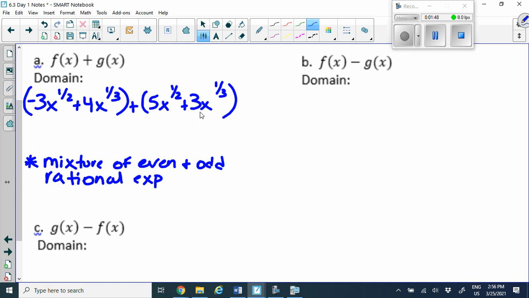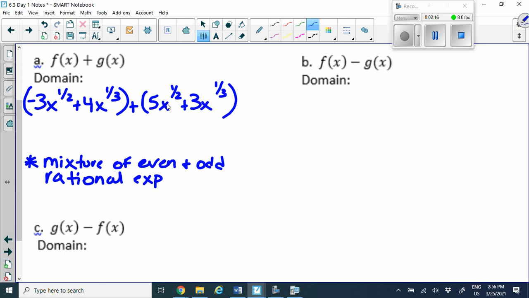So let's say I pick a negative number. Would a negative number work in negative 3x to the 1/2? No, because my 1/2 is an even rational exponent, and negative numbers don't work for our evens. Now, if I plug a negative into 4x to the 1/3, yes, it does work because we can take the cube root of a negative. You can really take the odd root of any negative.